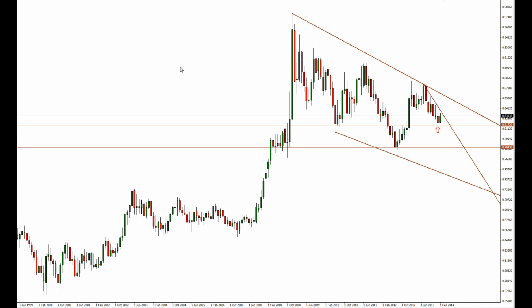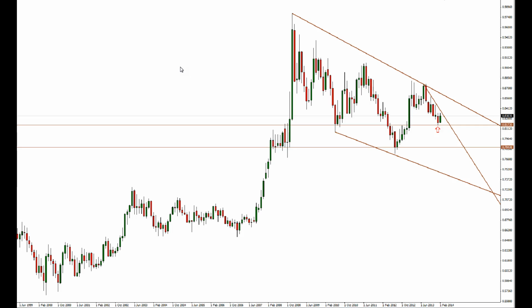So this is a very important thing. So we shouldn't consider it as a 2 months bullish pin bar. The second very important aspect is the trend is still bearish.